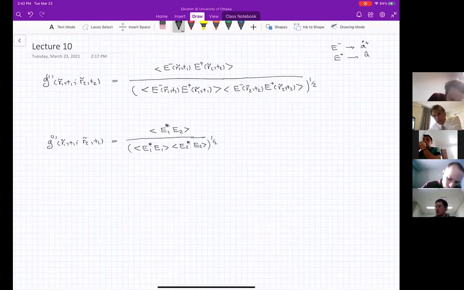So that's in short how one can look at the first order correlation function. Good.